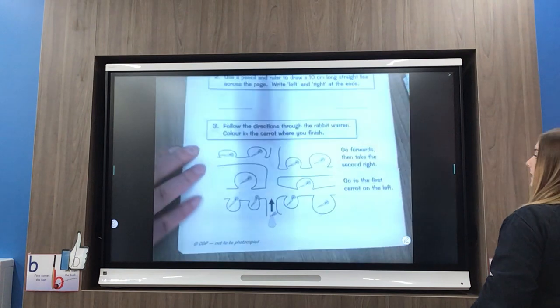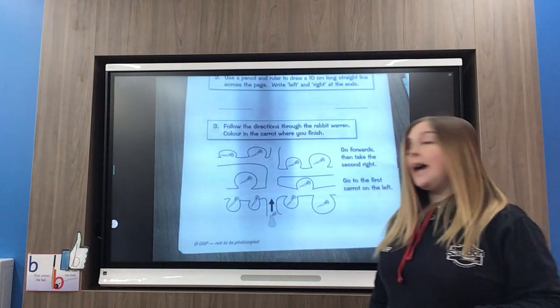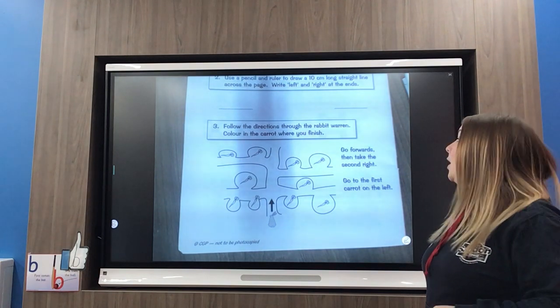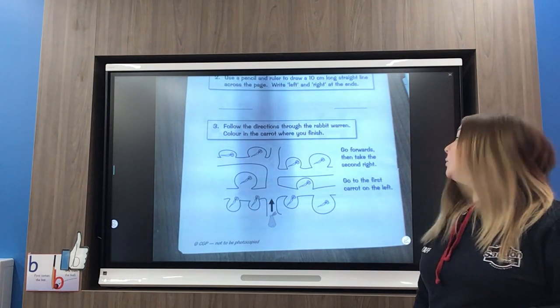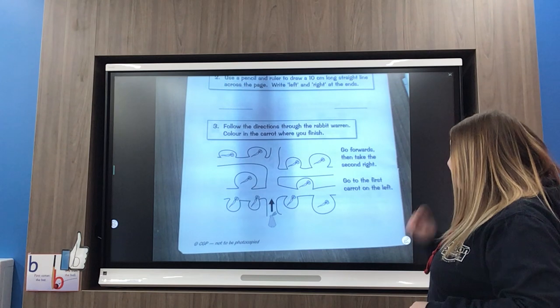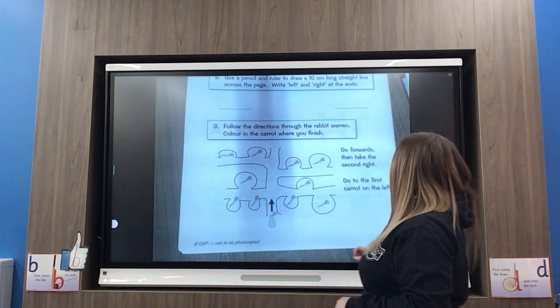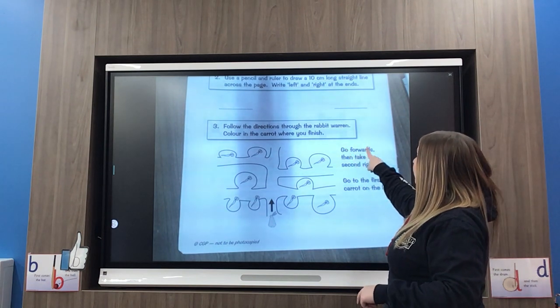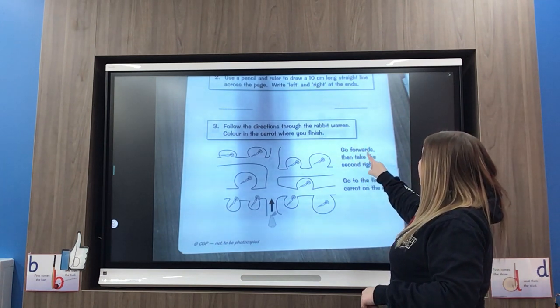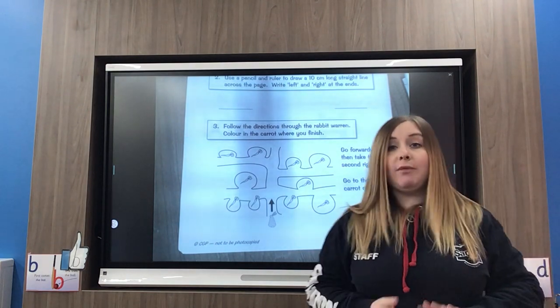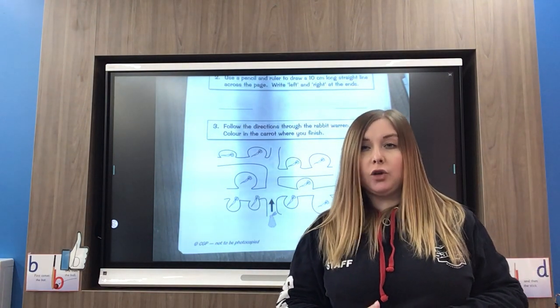Okay, so it says, follow the directions through the rabbit warren. Colour in the carrot where you finish. Okay, so we've got a rabbit here, we've got an arrow telling us to go forward. It says, go forward and take the second right. So we're not going to go right straight away, we've got to take the second right.